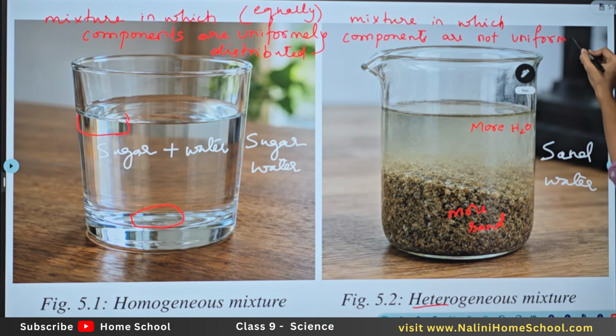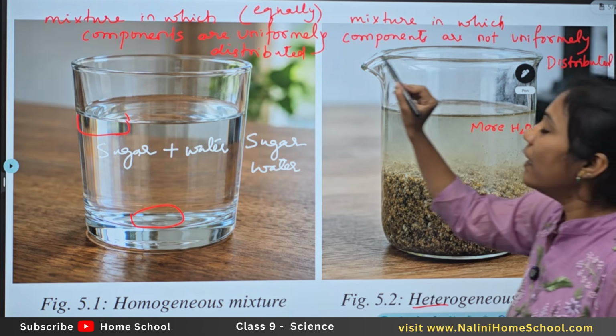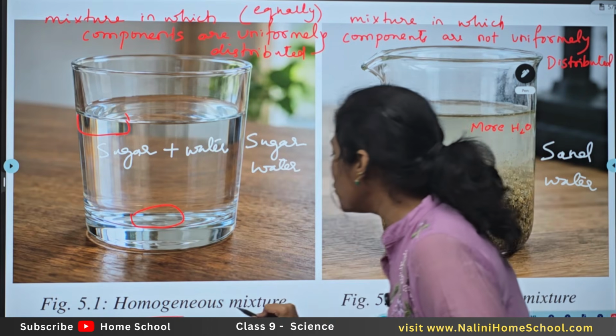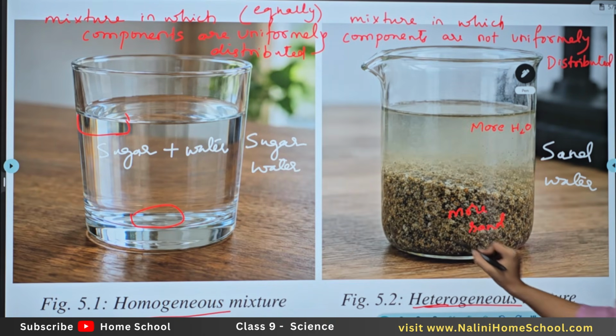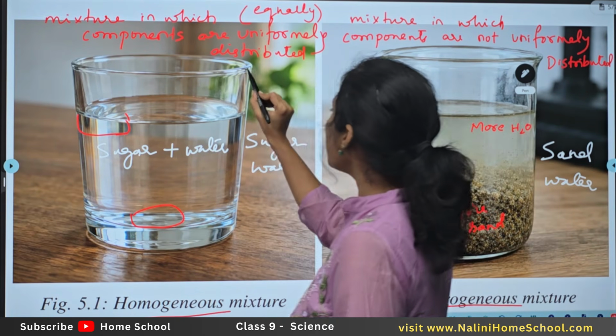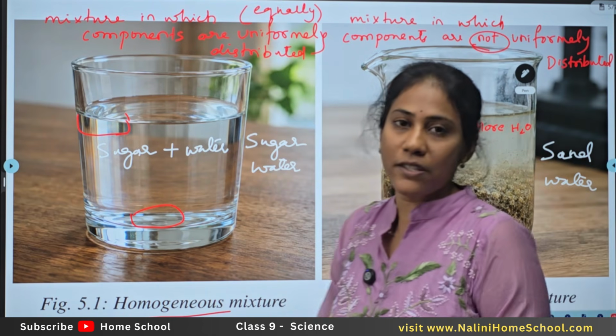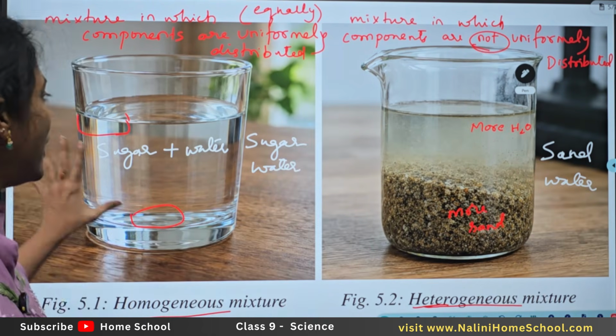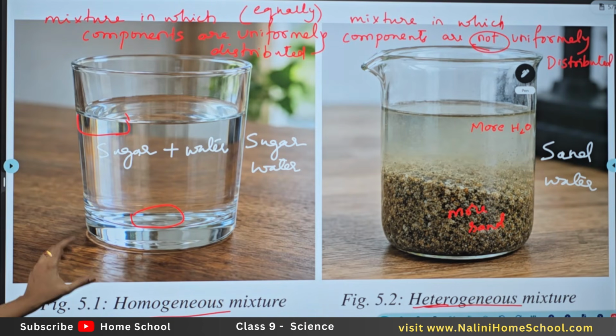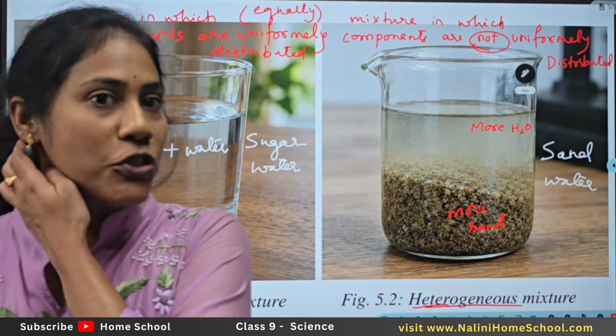That's it. So what is the difference between the definition of homogeneous mixture and heterogeneous mixture? Here it is uniformly distributed, but here the components are not uniformly distributed. That's it. Hope you understood the idea of homogeneous and heterogeneous mixtures.